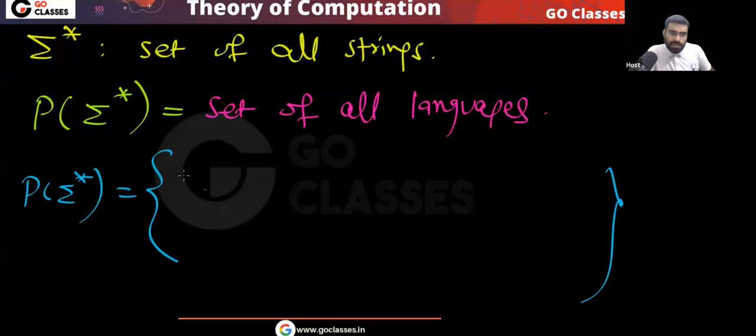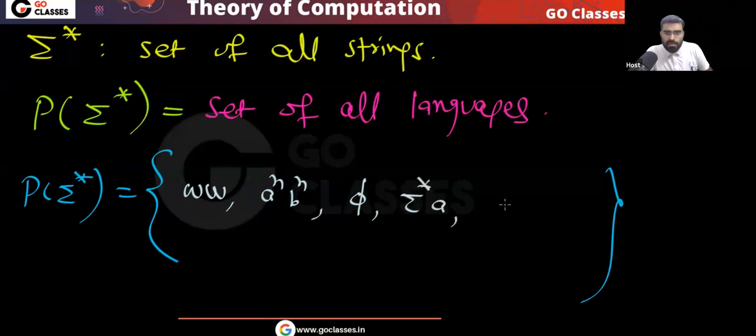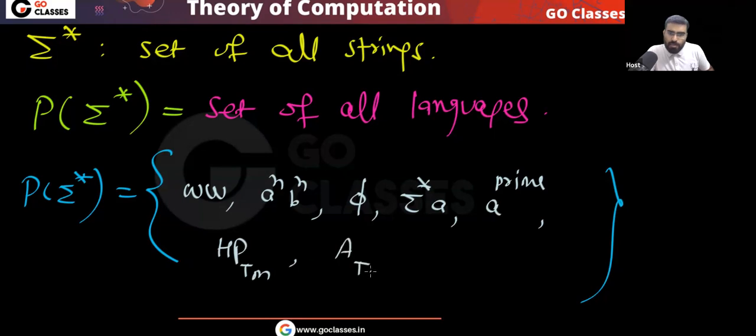You have the language WW, A power and B power, the language of strings ending with A, A power prime, the halting problem of Turing machine, the acceptance problem of Turing machine, and LD, the diagonalization language.